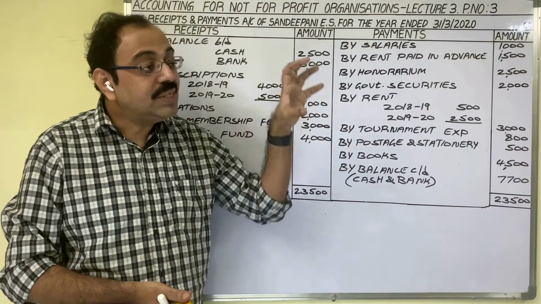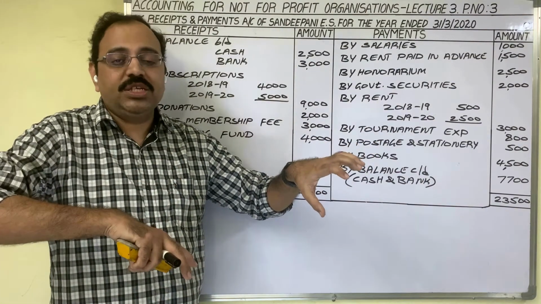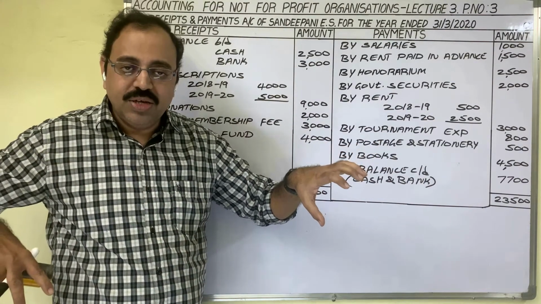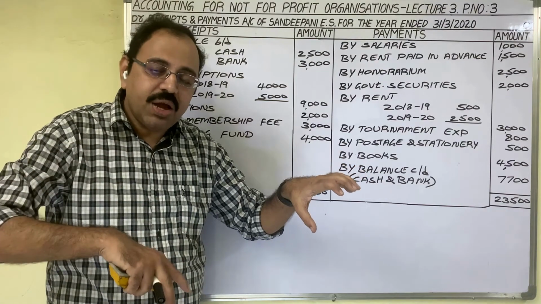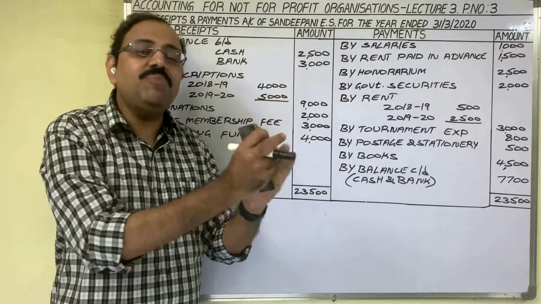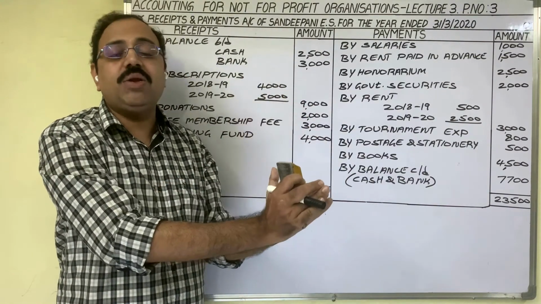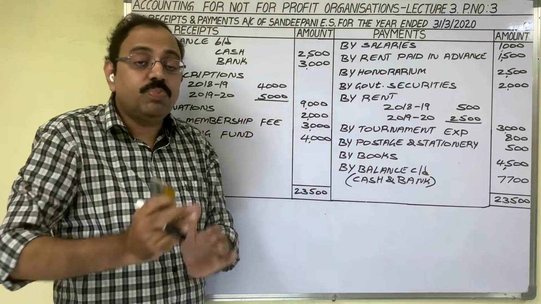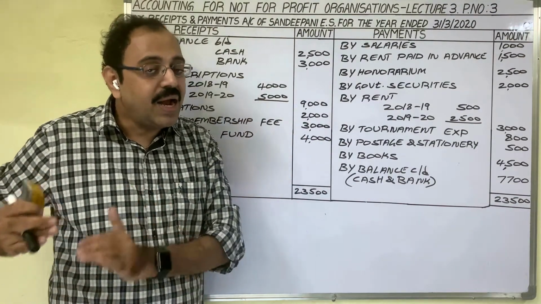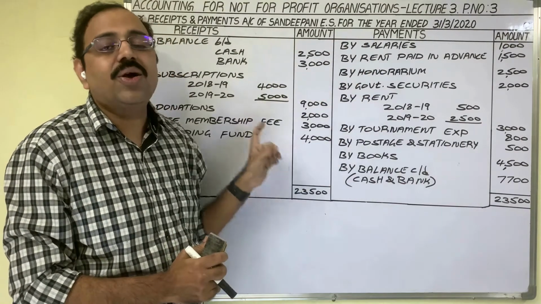So if you know receipts and payments account, then only you can prepare income and expenditure account and balance sheet. Because to prepare income and expenditure and balance sheet, base is receipts and payments. So by depending on the information given in receipts and payments account only, we should prepare income and expenditure and balance sheet. So you should have complete knowledge about this account.